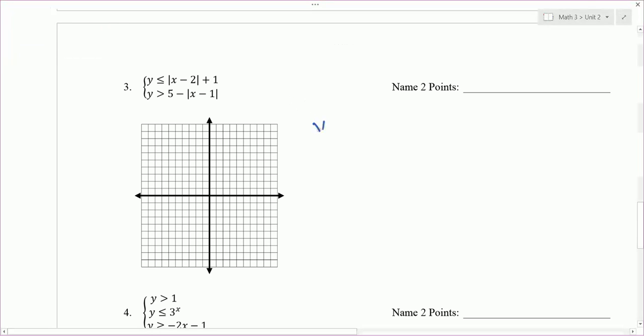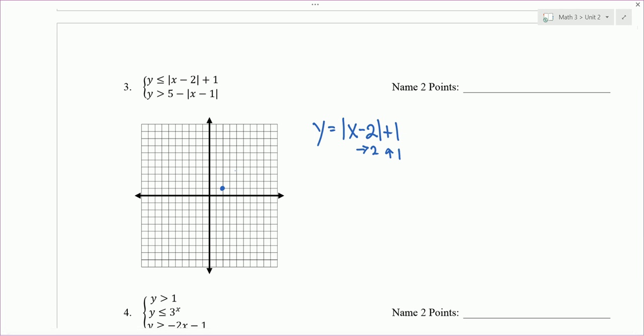Start with the first one, y equals the absolute value of x minus 2 plus 1. This is, you get your V shape, right? It's been translated to the right 2 units and up 1 unit from 0, 0. That's the vertex of the V shape.